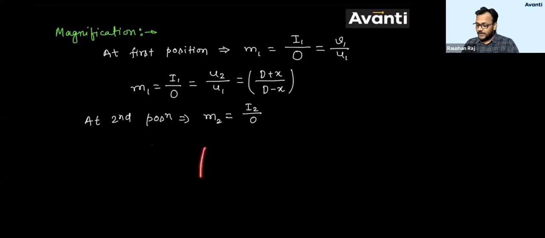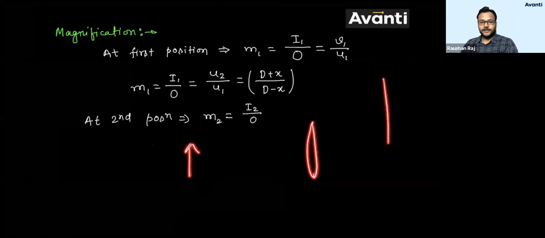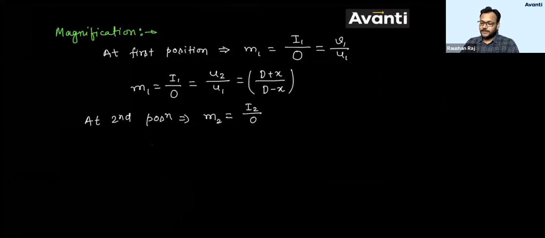Because there are not two lenses. There's only one lens. If this is the object, lens यहाँ पे है, screen यहाँ पे, second position. So object will remain same for both the lenses. Correct है ना? तो यहाँ क्या लिखोगे? I2 divided by O only. Don't change the size of object. Size of object is same for both the positions. However, size of image will change.